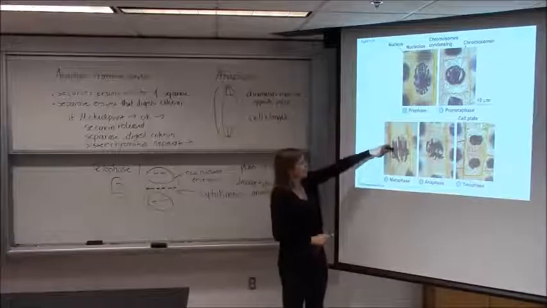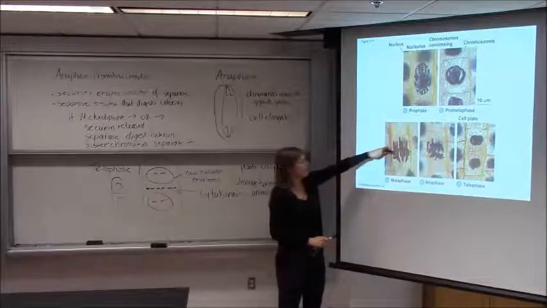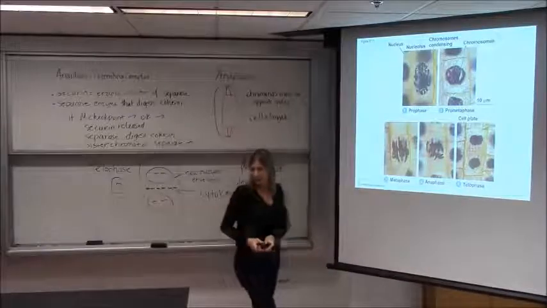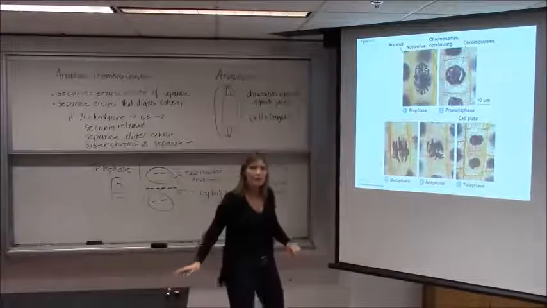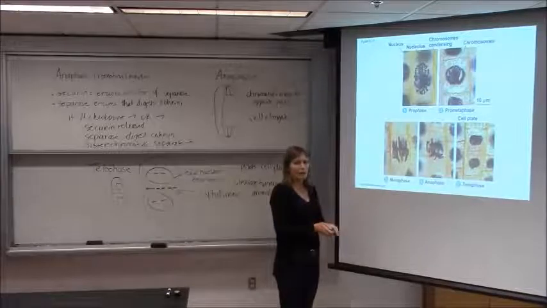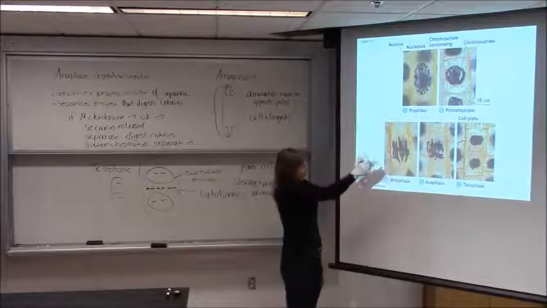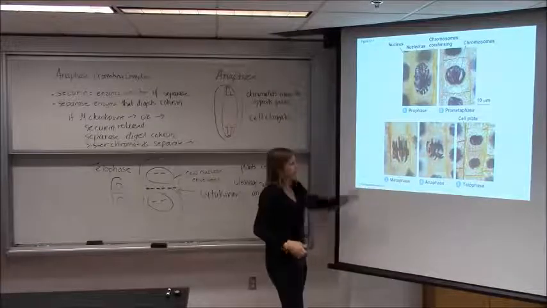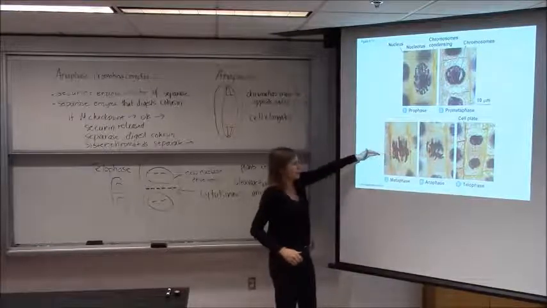Then at metaphase, they're aligned along the equator of the cell. It's really hard to see that here because in a plant cell, sometimes the chromatids are really long, so you get more of this sprawling rather than a nice little line. But this is indeed all aligned on the equator.